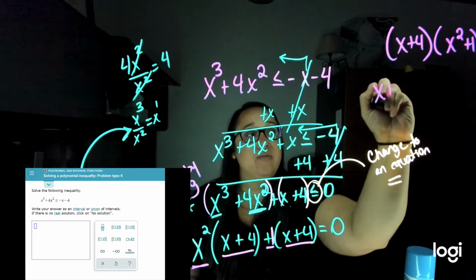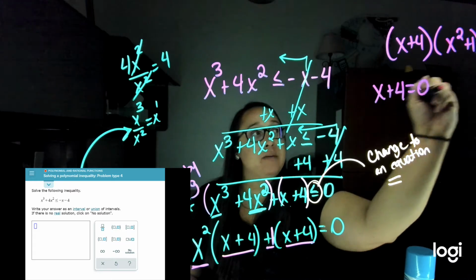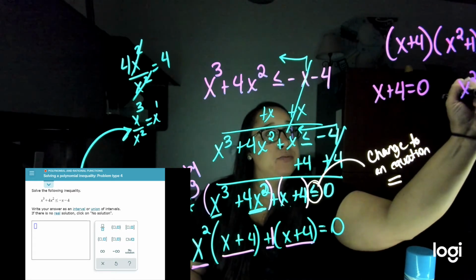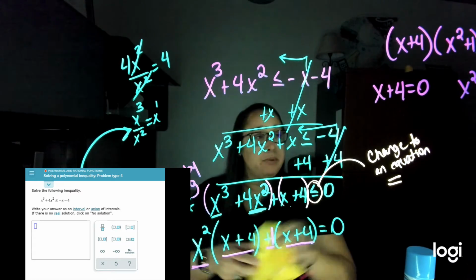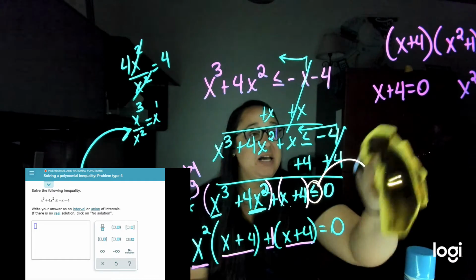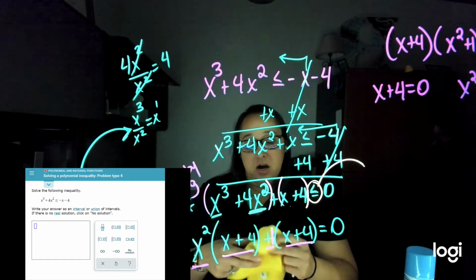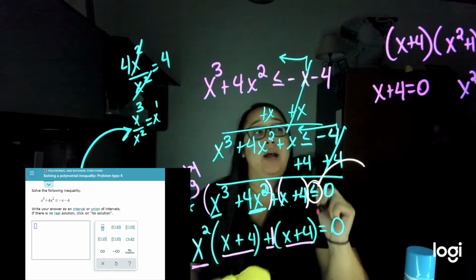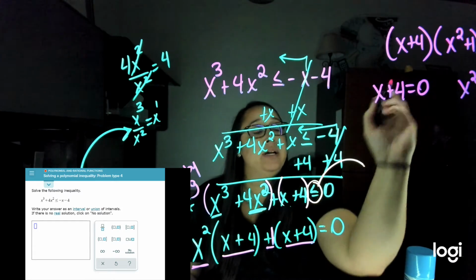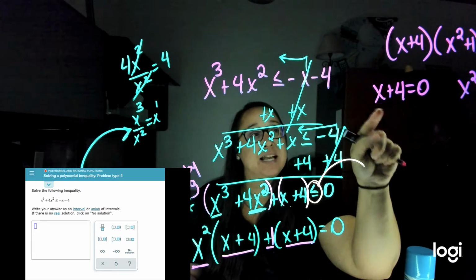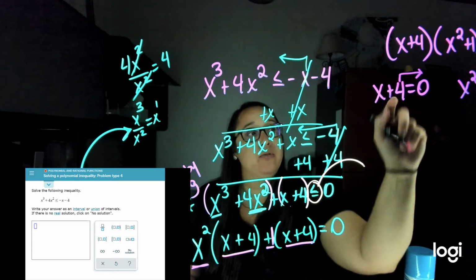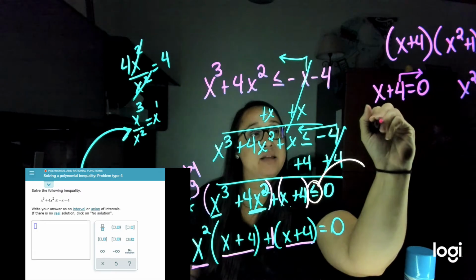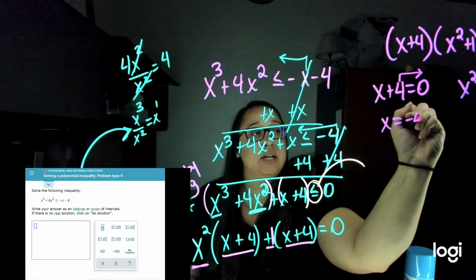We would take each one of my factors and set them equal to 0. Let me make some room. If at any point I erase something, remember you can always back this video up, pause it, and write down what I have. But at this point, I want to solve for x. I want to isolate this variable, and I'm going to do so by moving that 4 across the equal sign. And that's going to leave me with x equals negative 4.